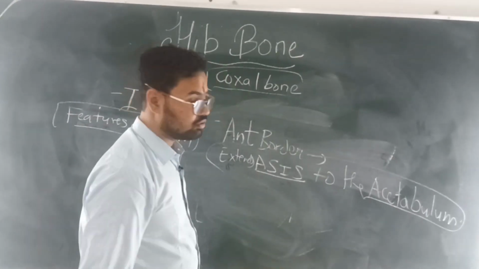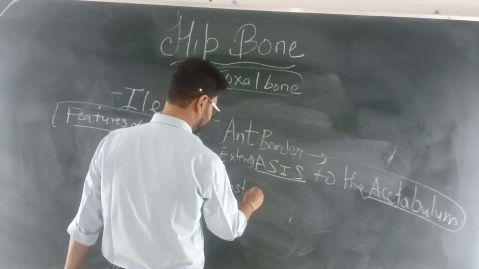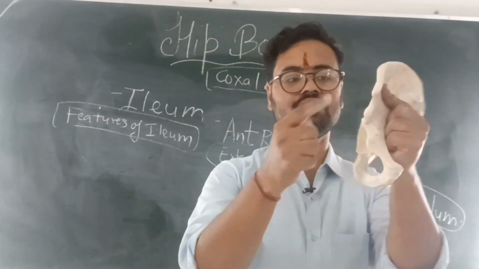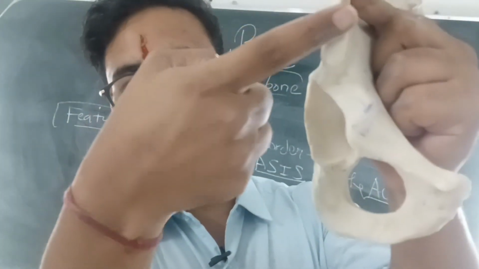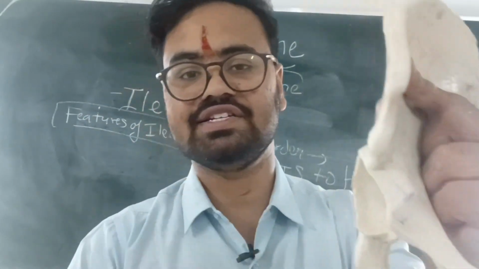Now we will talk about the posterior border. Let me tell you again. This is the acetabulum, this is the anterior superior iliac spine, and the anterior border extends from the anterior superior iliac spine up to the acetabulum.